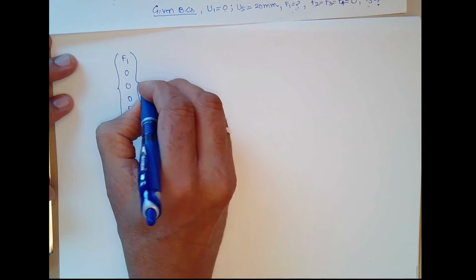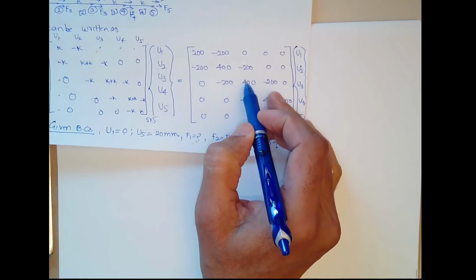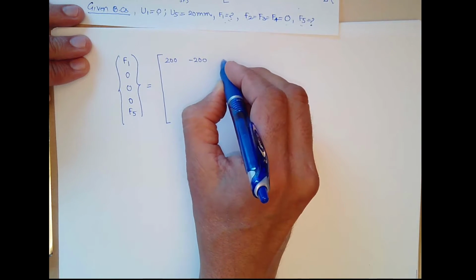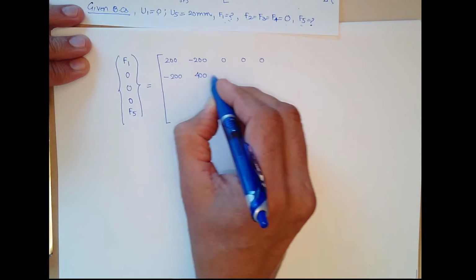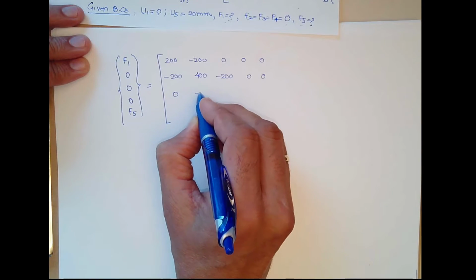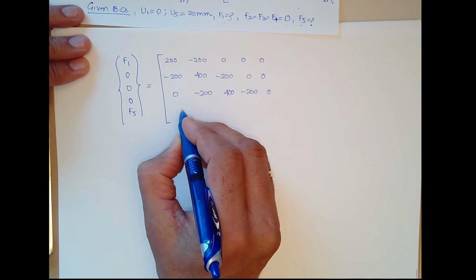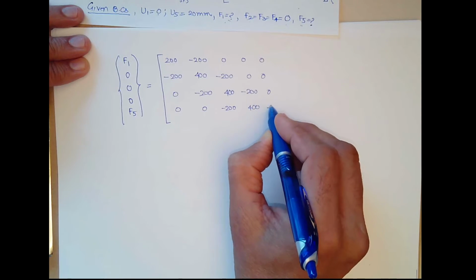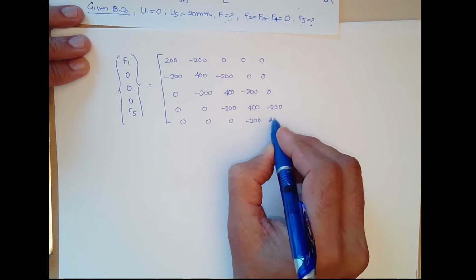This is another stiffness matrix, the same as the stiffness matrix: 200, minus 200, 0, 0, 0; minus 200, 400, minus 200, 0, 0; 0, minus 200, 400, minus 200, 0; 0, 0, minus 200, 400, minus 200; and 0, 0, 0, minus 200, 200.